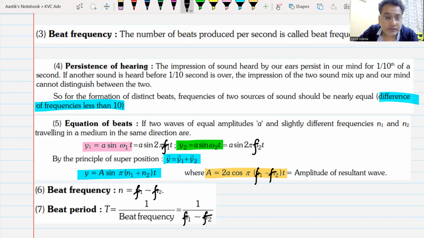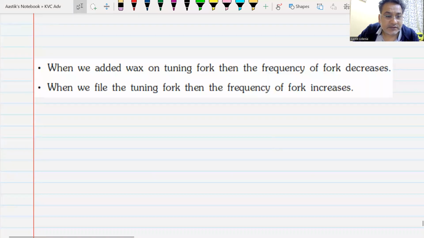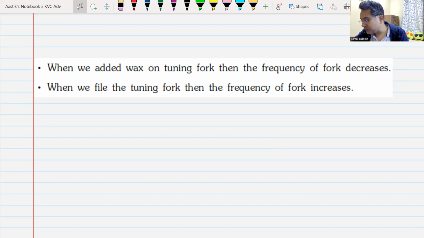Whenever we do a question on beats, there will be two tuning forks and you will have to find the frequency of the unknown tuning fork. They will sound the two tuning forks together and then do something. The first thing they might do is add wax to a tuning fork.